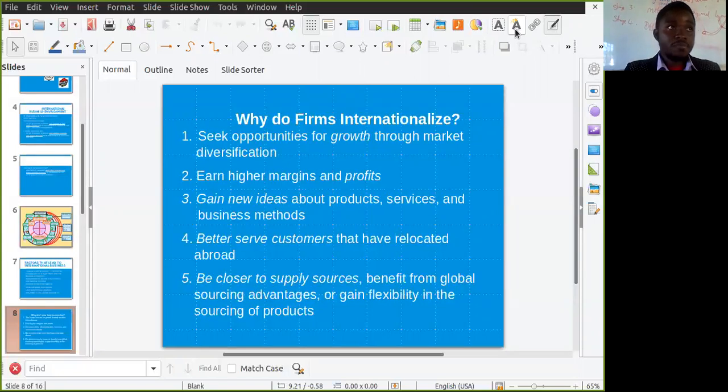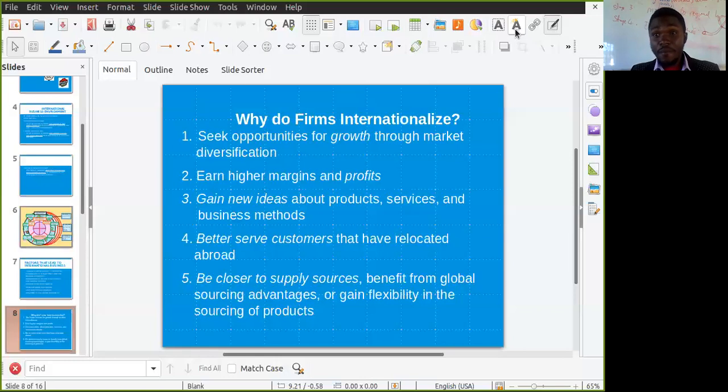A firm might be importing a raw material of its production, or in its production chain, there's a stage where it needs components, and those components that it needs are being imported from another country. That firm could decide to reduce costs of the supply sources by establishing itself in that country where it gets those raw materials from.